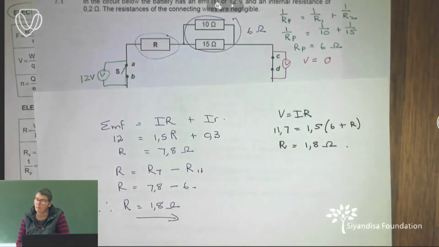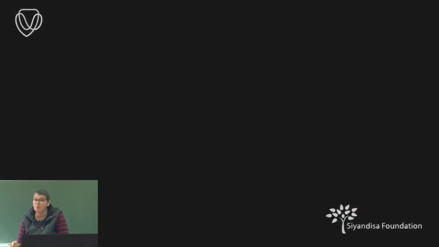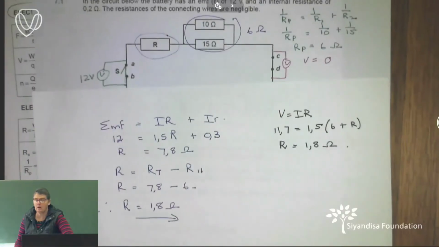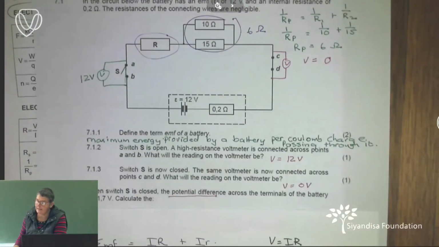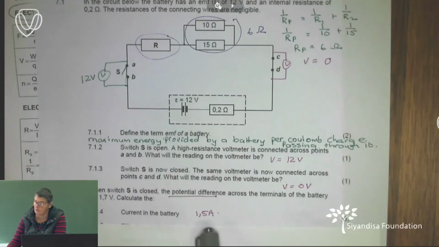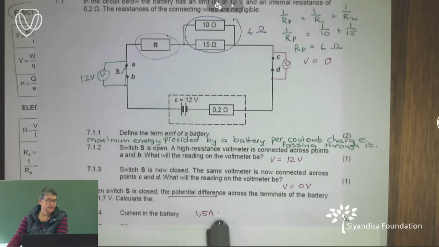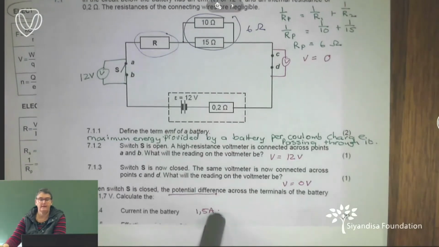Please remember, people, that in electricity, we do mark with your mistakes. Right. We do mark with your mistakes. Let me just maybe explain to you what I mean by that. Let us say you calculated 1.5 incorrectly. Okay? Let's say you calculated it as 1.8.